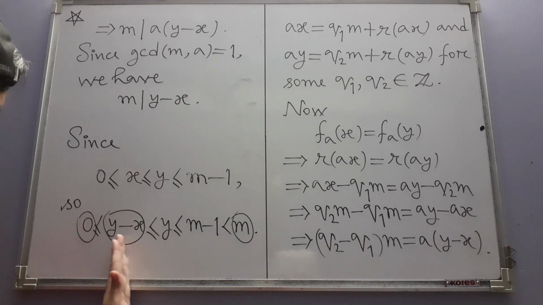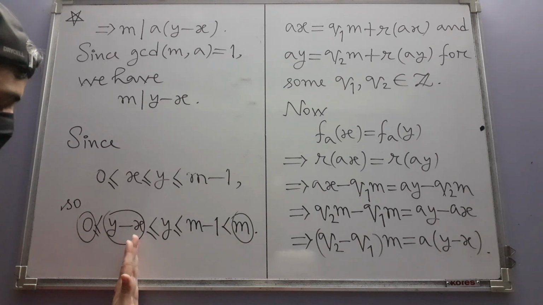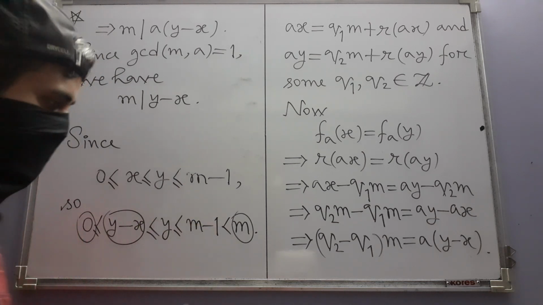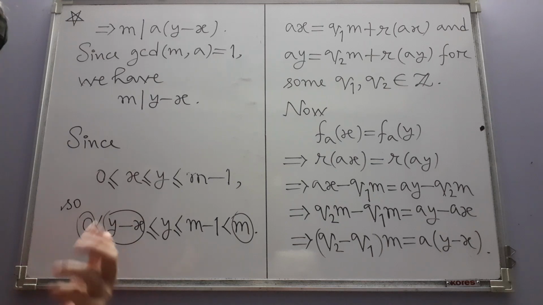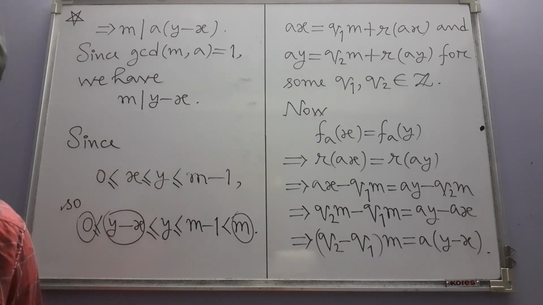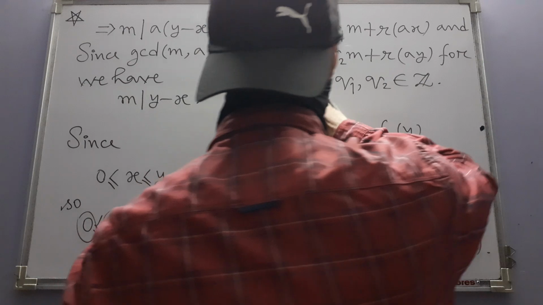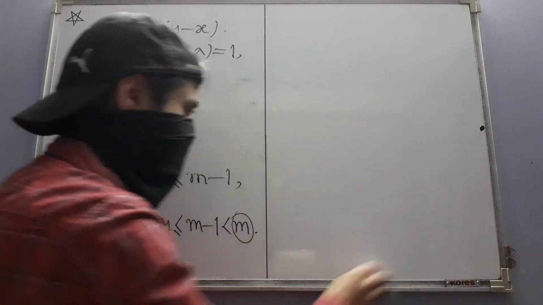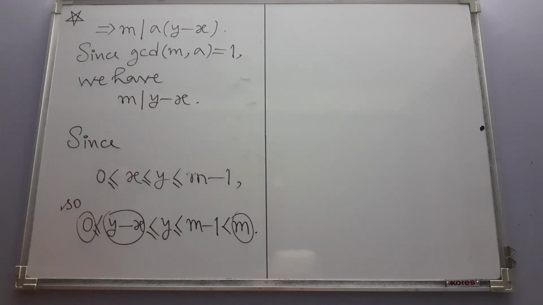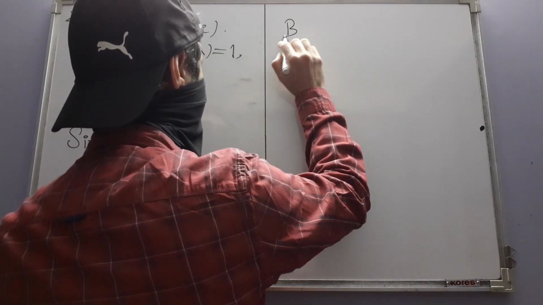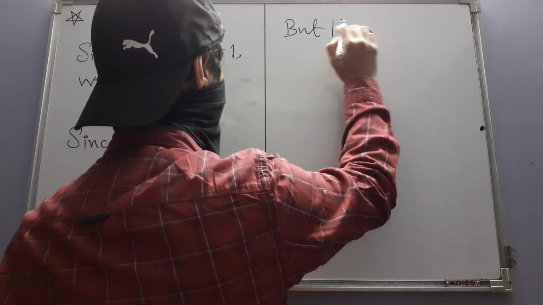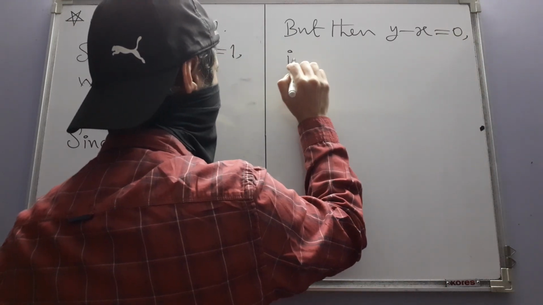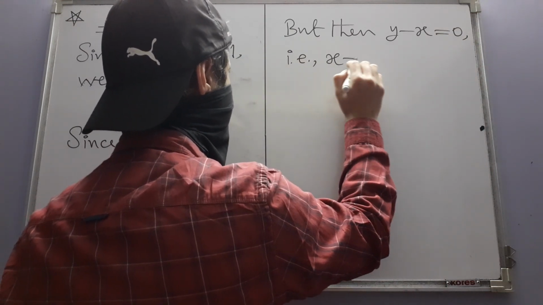But keeping in mind that y minus x has to be non-negative, this means that y minus x has to be equal to 0 because it cannot be positive. The only other option is that it is 0. But then y minus x has to be equal to 0, i.e. x has to be equal to y.